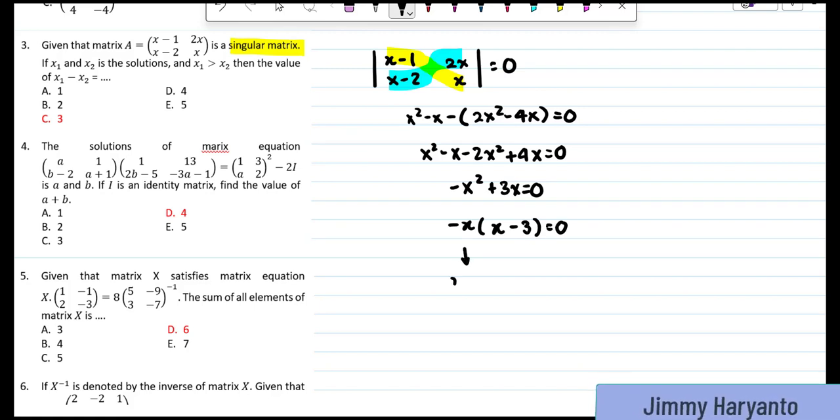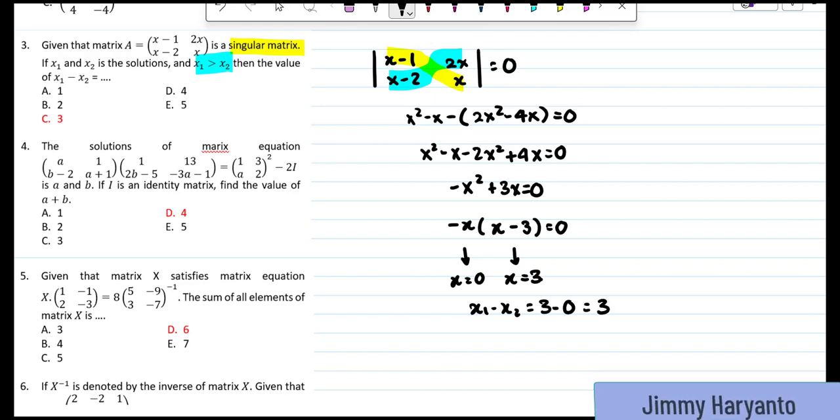You will have x equals 0 from right here and x equals 3 from right there. And then the question is the value of x1 minus x2. Because x1 is greater than x2, that means x1 minus x2 has to be 3 minus 0 equals 3. Okay, that is for number 3.